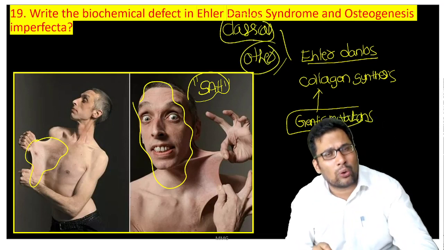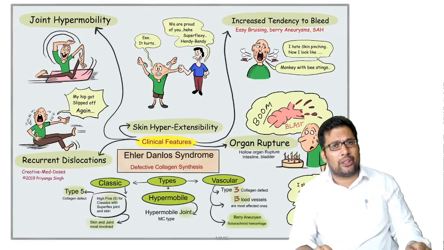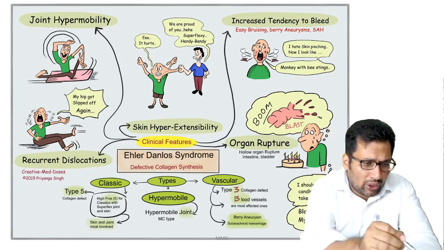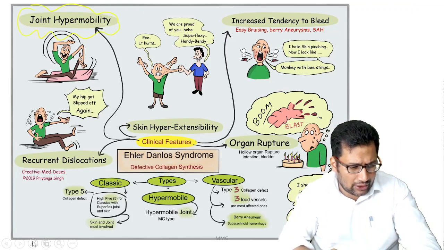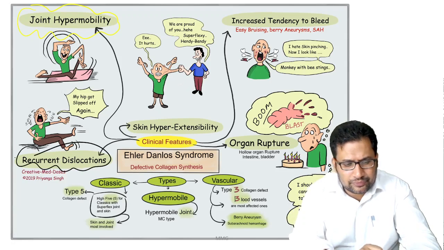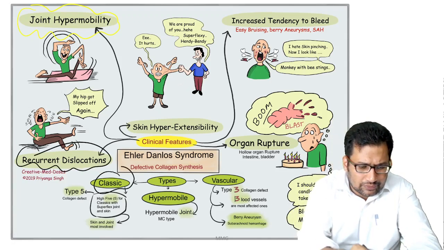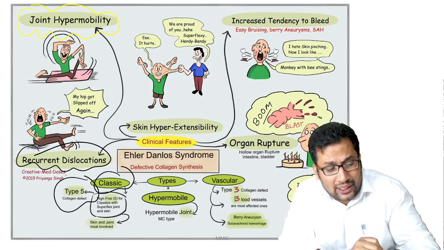Basically, it affects collagen synthesis. You can see this very interesting picture. The patient is having joint hypermobility, usually hip or shoulder dislocation, recurrent dislocation. In the classic type, there is a defect of collagen type 5.